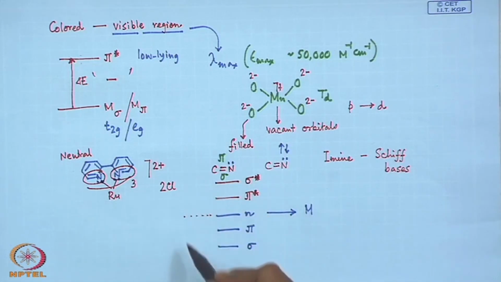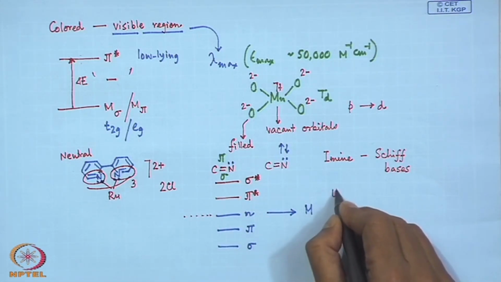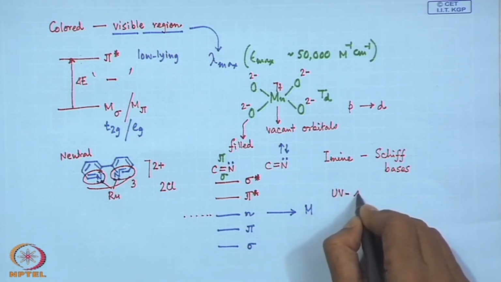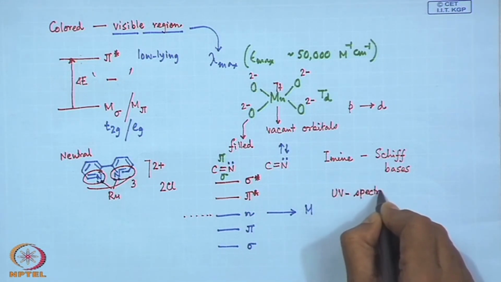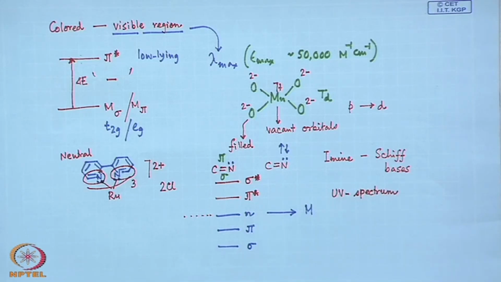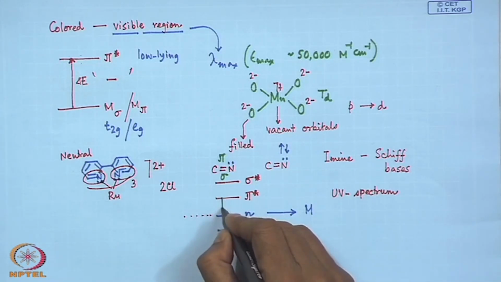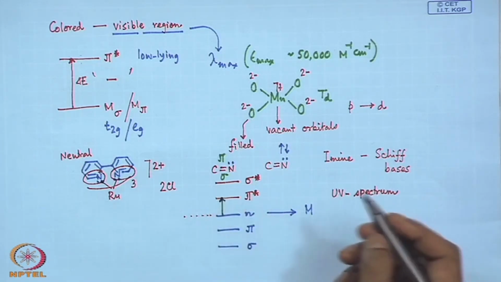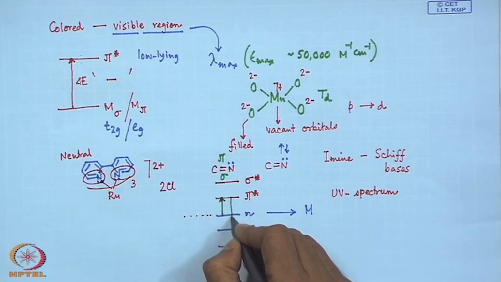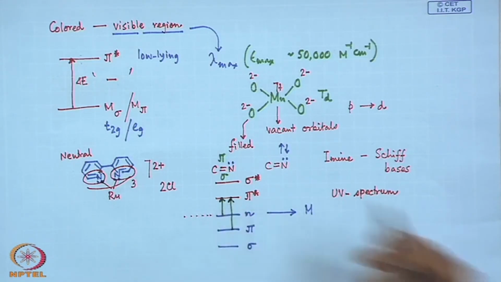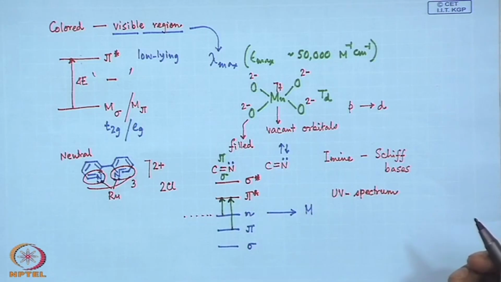So, within the bipyridyl molecule itself, the ultraviolet spectrum for the corresponding bipyridyl molecule can show us certain transitions. One is a low energy transition, the n to pi star, and the most probable one is the corresponding pi to pi star transition.